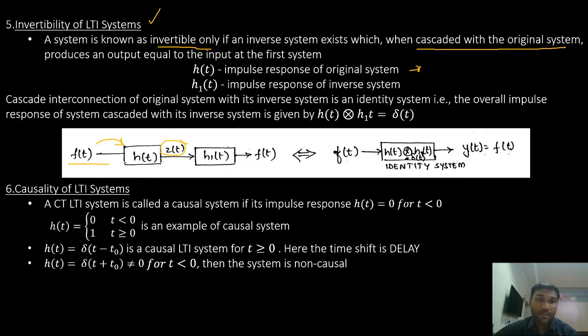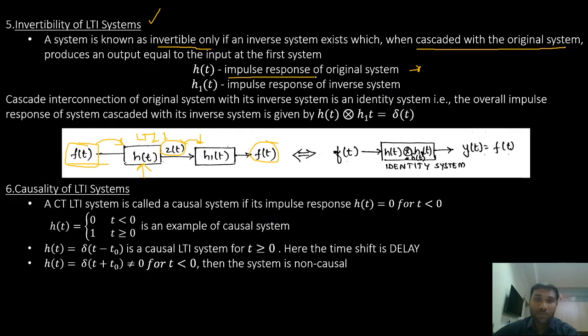Now if I pass this z of t to another system with impulse response h1 of t such that it produces my original function f of t, then we'll say there exists an inverse for the LTI system h of t, my first LTI system.